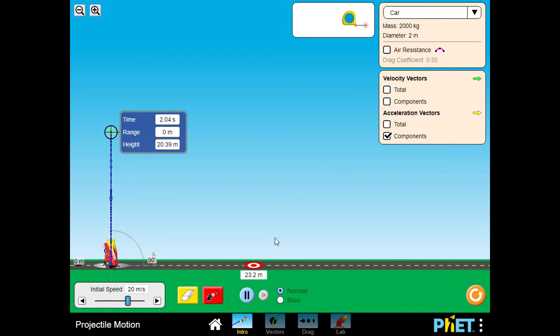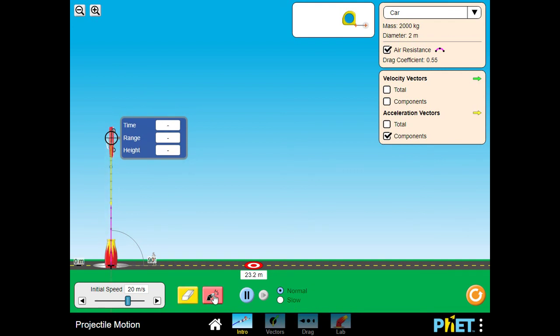Now we add air resistance. With air resistance, the flight time decreases and the height decreases. Let's clear the first one.